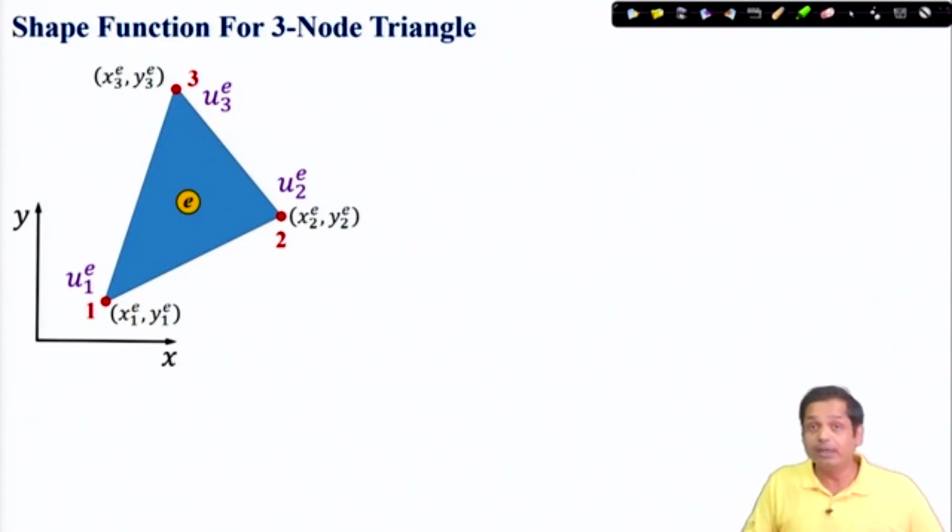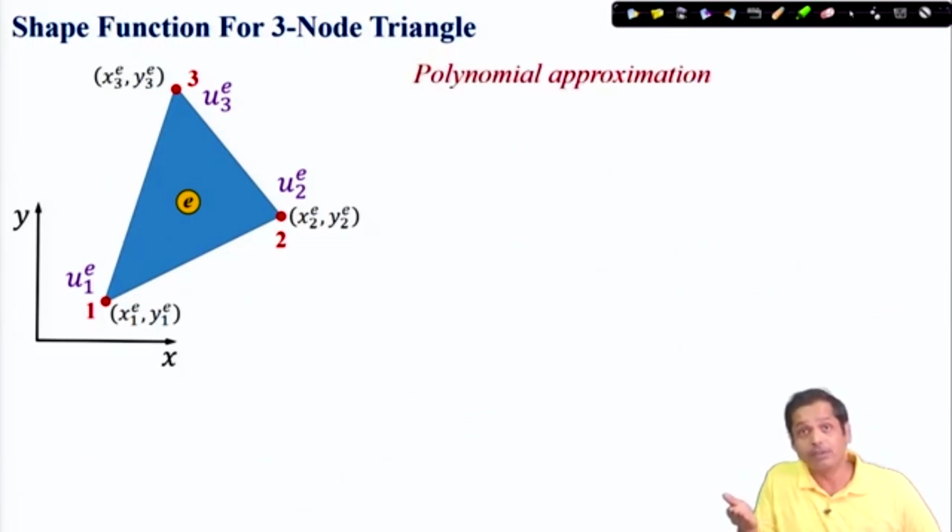We have just 3 nodes here, so our approximation should be such that it has 3 unknowns, because if we start with an approximation which has more than 3 unknowns, we may not have sufficient equations to determine those unknowns. So, let us start with a polynomial approximation like this.